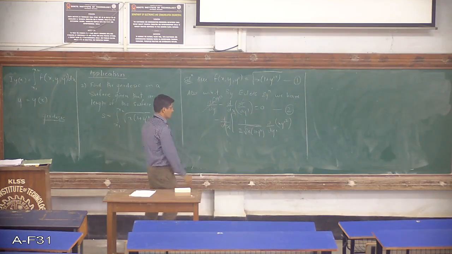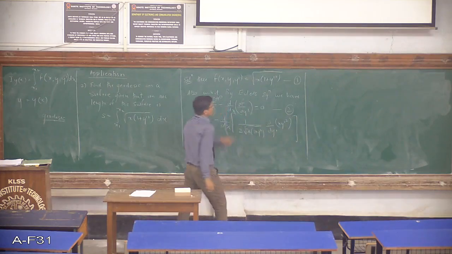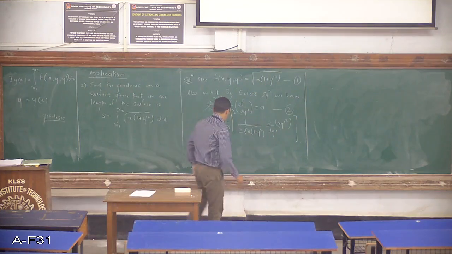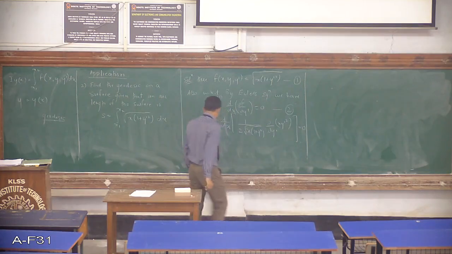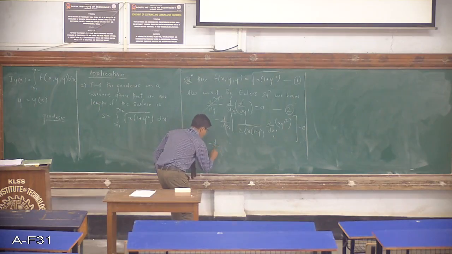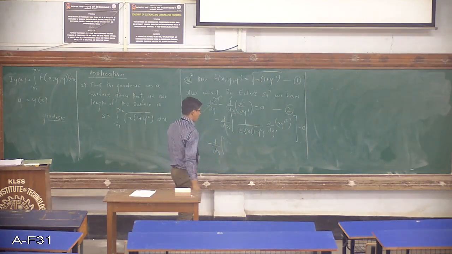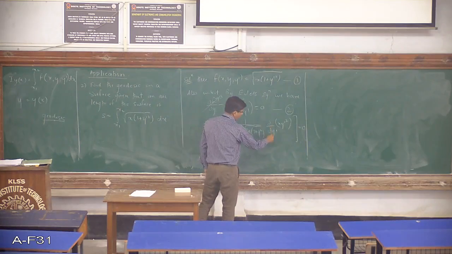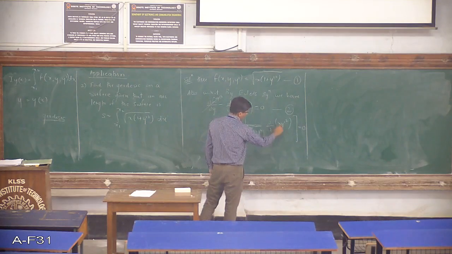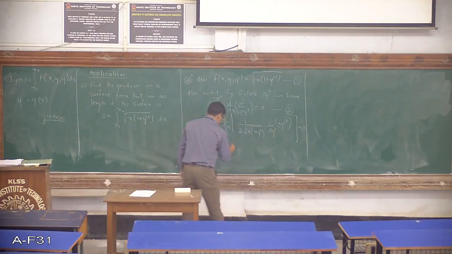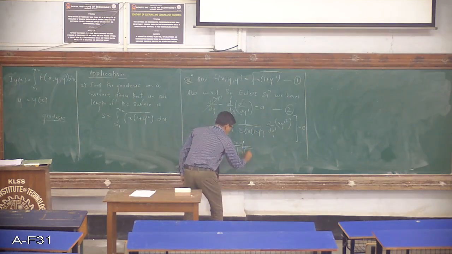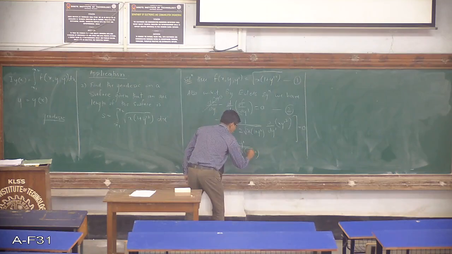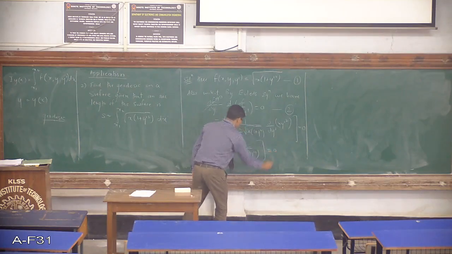Here x is a constant, so differentiating with respect to y prime gives 2x y prime, so it is minus d by dx of 2x y prime divided by 2 square root of x into 1 plus y prime square, which is equal to 0.